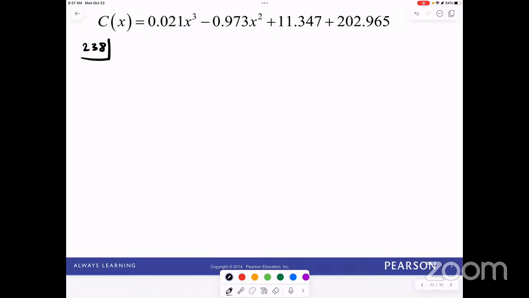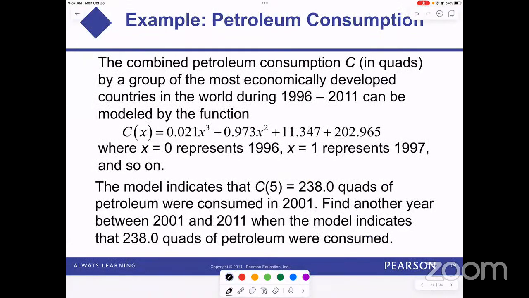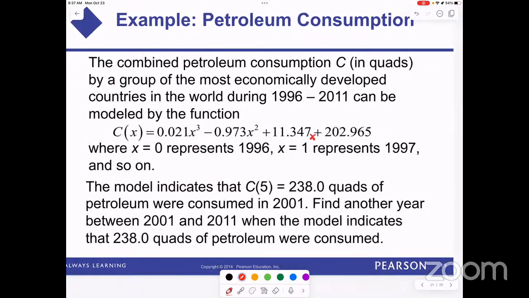Is that missing an X? It looks like it's missing an X. I think there's supposed to be an X there. I really should subtract 238 and set it equal to 0.